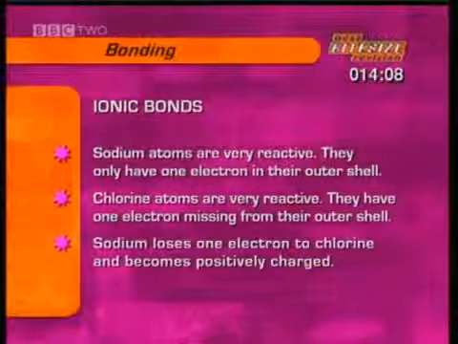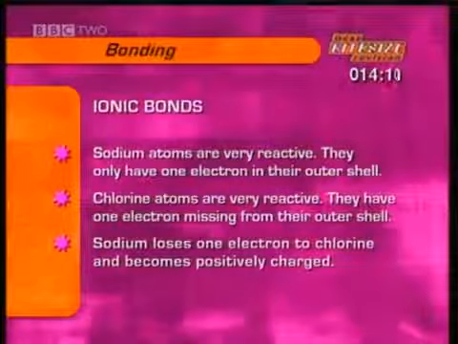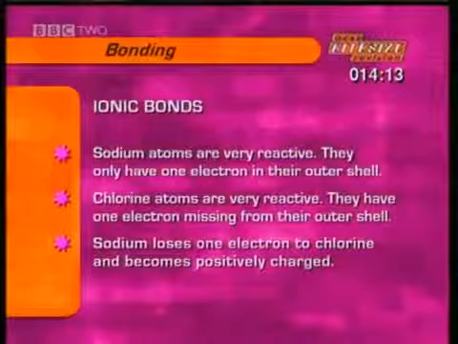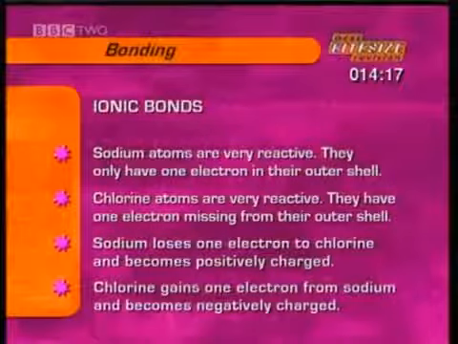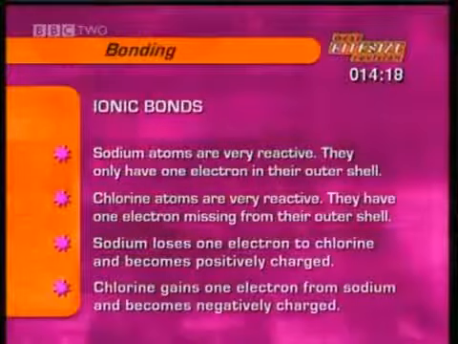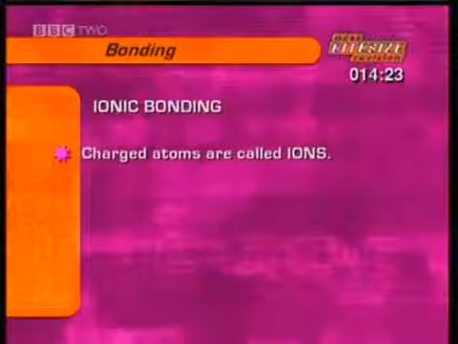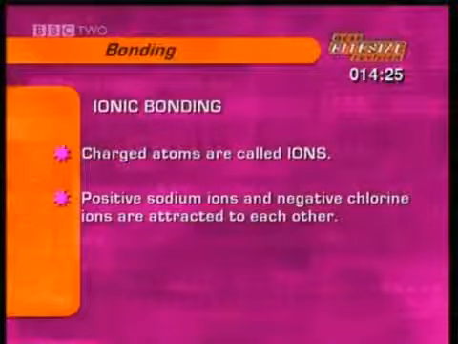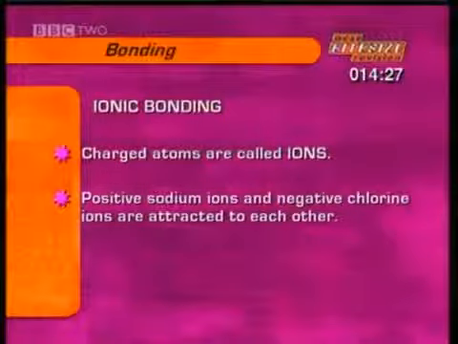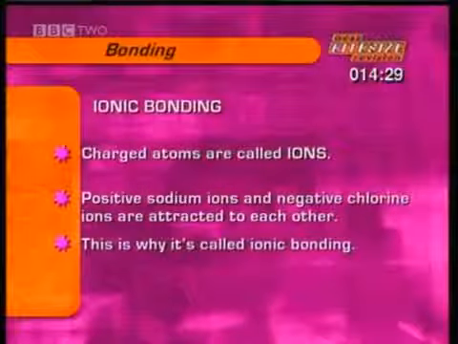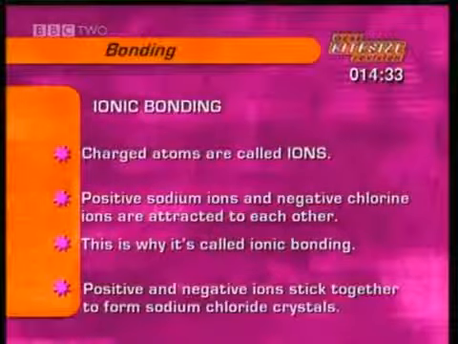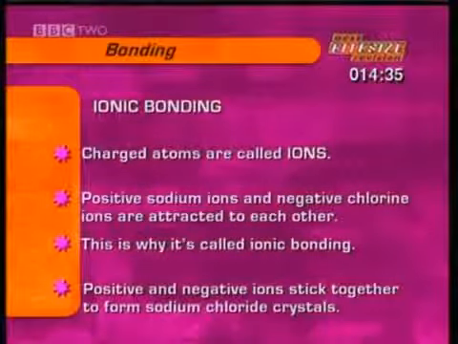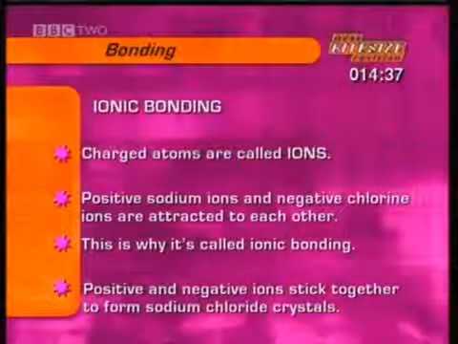Sodium easily loses 1 electron to chlorine and becomes positively charged, while chlorine easily gains 1 electron from sodium and becomes negatively charged. Charged atoms like these are called ions, and the positive sodium ions and the negative chlorine ions are attracted to each other. That's why it's called ionic bonding. Large numbers of positive and negative ions stick together to form sodium chloride crystals, common salt.